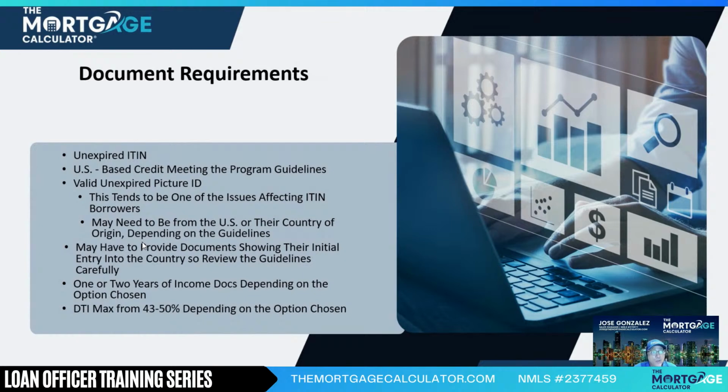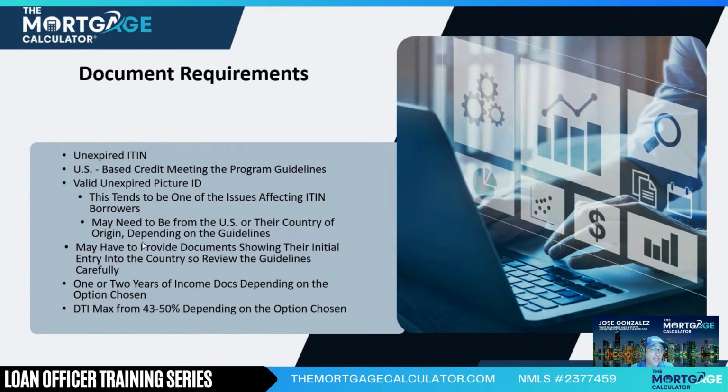The borrower is also going to need US based credit meeting the program guidelines for whatever program they're applying for. Look at the matrix. The ITIN borrower needs to have a valid, unexpired picture ID, state issued, government issued, municipal issued, but it has to be issued by some type of U.S. government entity.